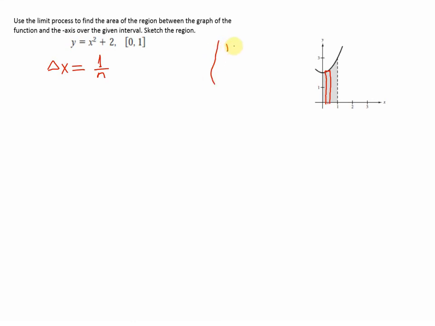1 is the horizontal distance. n is the number of rectangles. This means that these rectangles have the same width. How can I find the height of each rectangle?